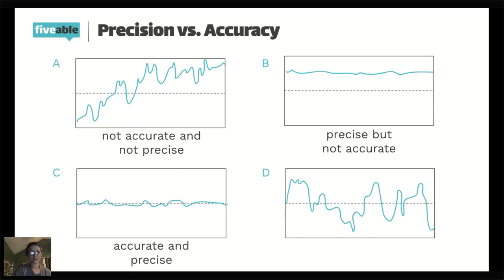So there's kind of a little bit of interpretation here. I said it's accurate, but it's not precise. But you could maybe make an argument either way. Why I said accurate and not precise is because, hopefully, there are as many data points over the line as there are under the line.